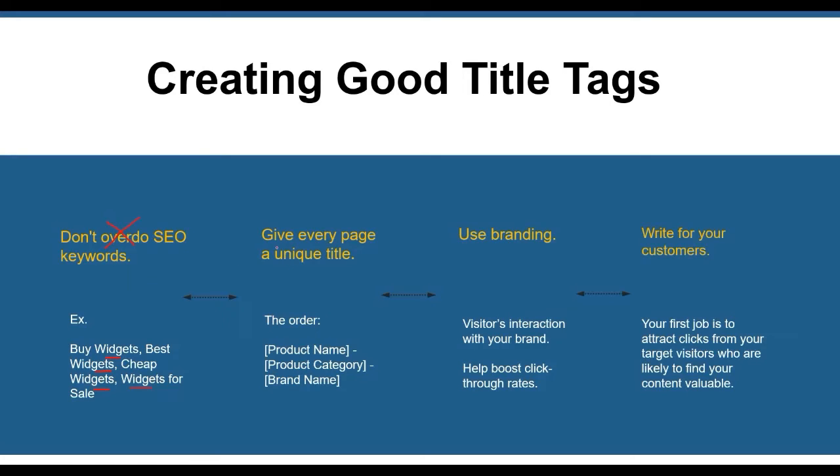Now the next one, give every page a unique title. Okay, so the order that we are going to follow is first the product name, product category, and the brand name. So I'm going to show you how we do that.